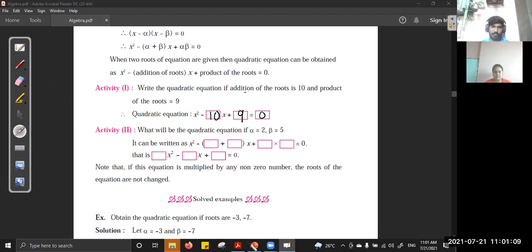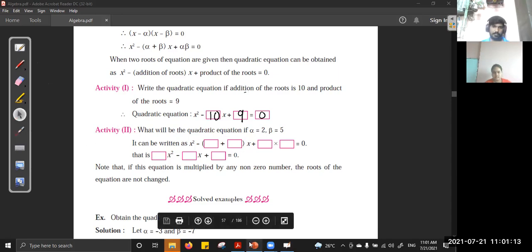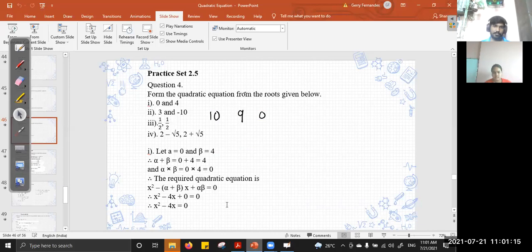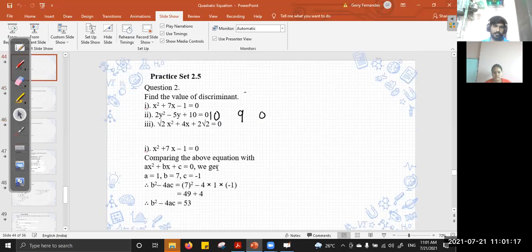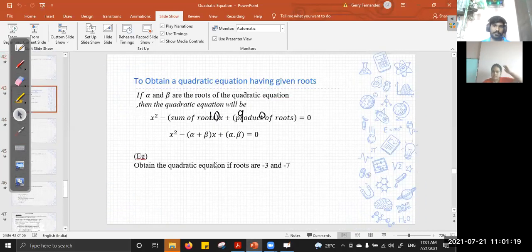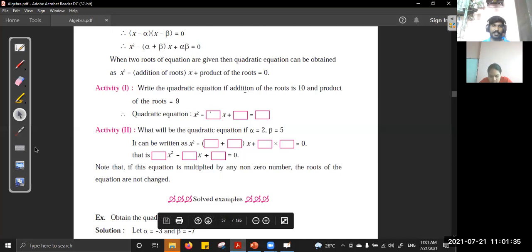Wait, I'll show it to you. This one, see? When alpha plus beta into beta. Now coming back to this activity.